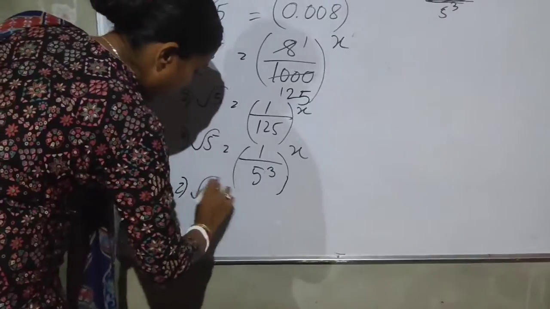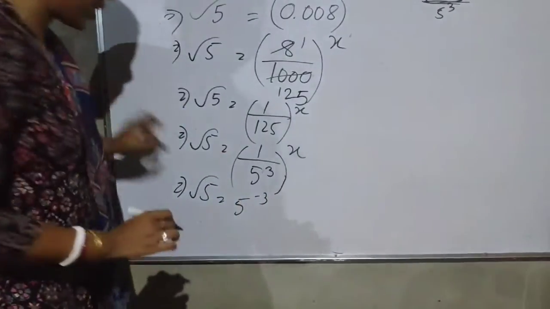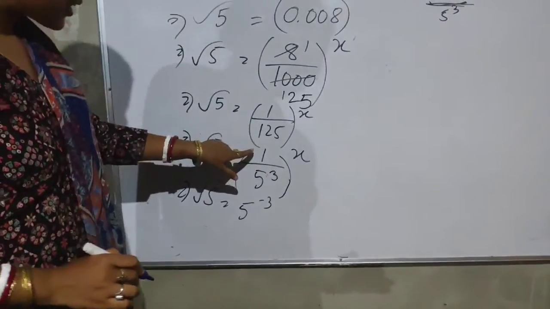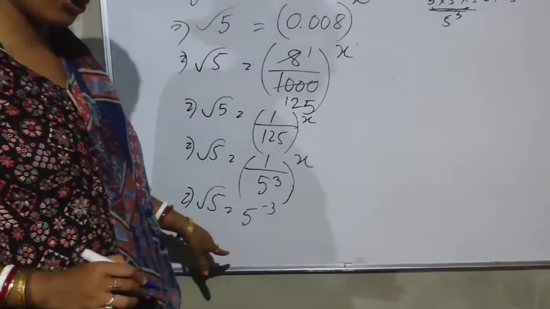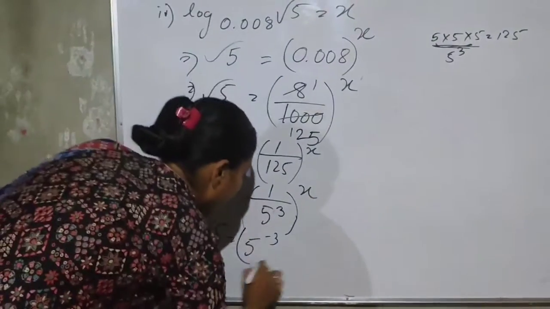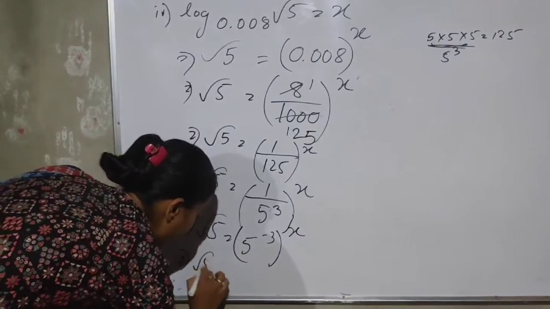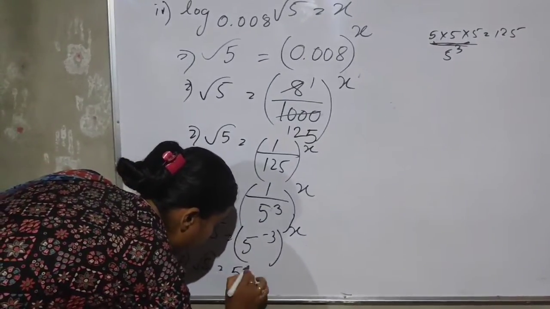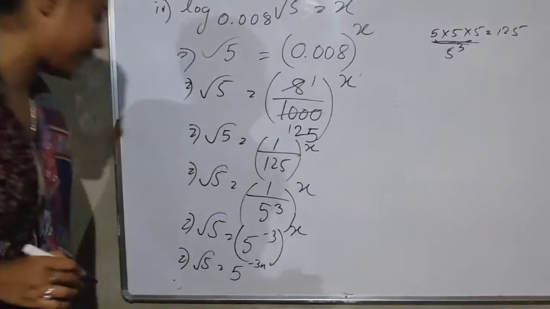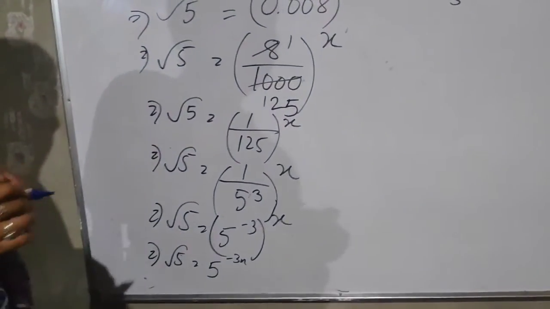So root 5 equal to 5 to the power minus 3, since 1 divided by 5 cube is 5 to the power minus 3, and then to the power x. So root 5 equal to 5 to the power minus 3x.